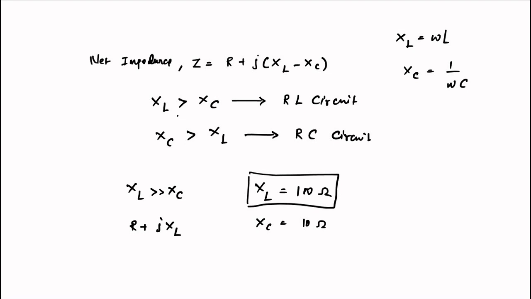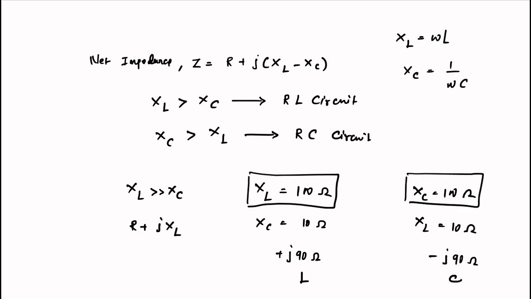If the whole thing is reversed, that is XC is equal to 100 ohm, here I am just giving an example, and XL is equal to 10 ohm, then we can disregard this inductive reactance and consider only the capacitor. The net reactance in both the cases, here it will be plus j90 ohm, here it will be minus j90 ohm. Here it will be capacitive, here it will be inductive. The behavior will be capacitive here, and the behavior will be inductive there.